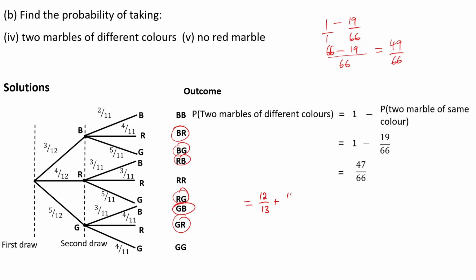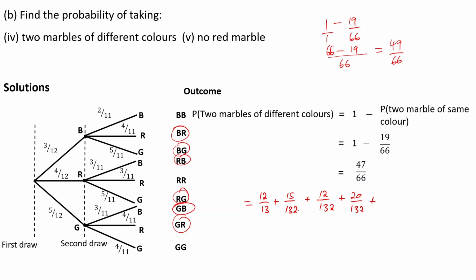So 15 over 132, then plus, you come to this one here, which is 4 times 3, which will be 12 over 132. Then plus, this one here, which will be 4 times 5, which is 20 over 132.